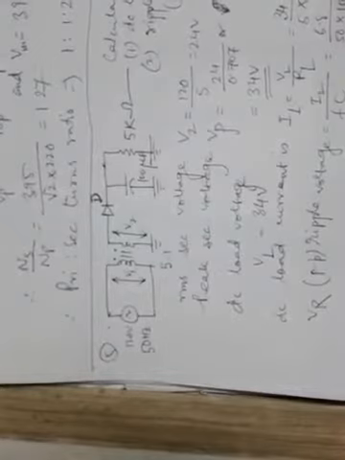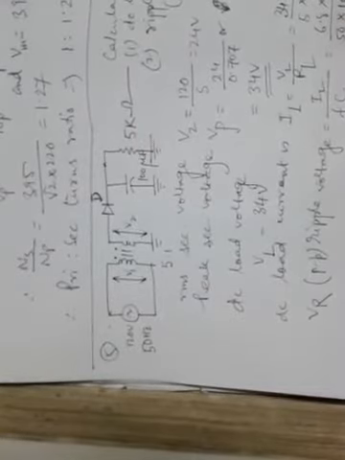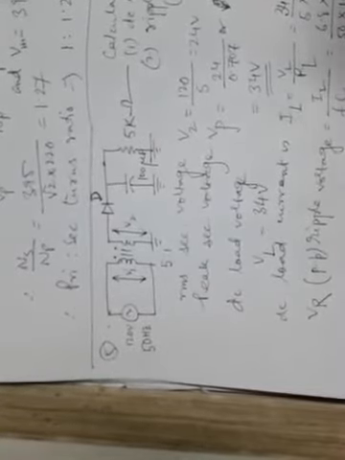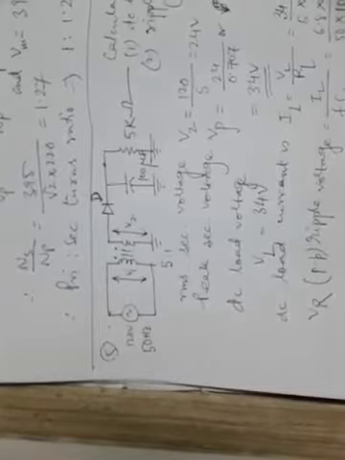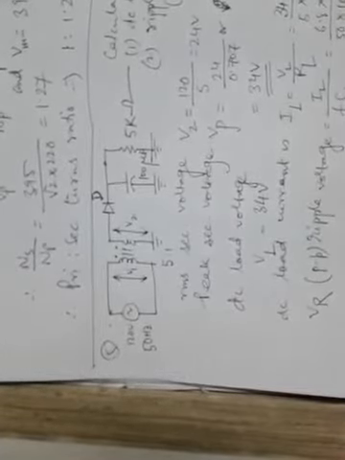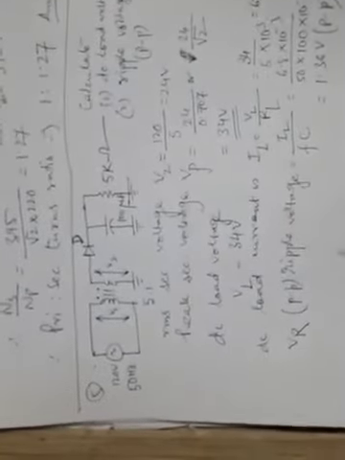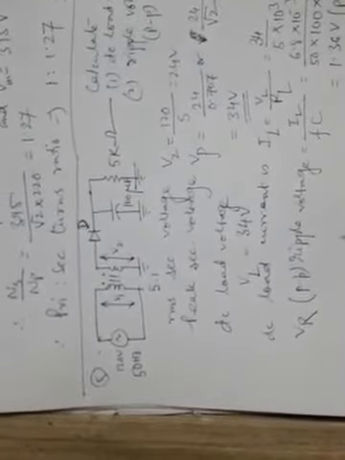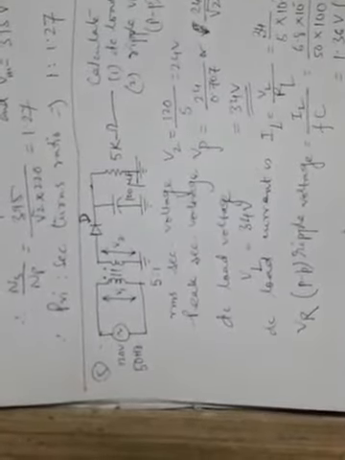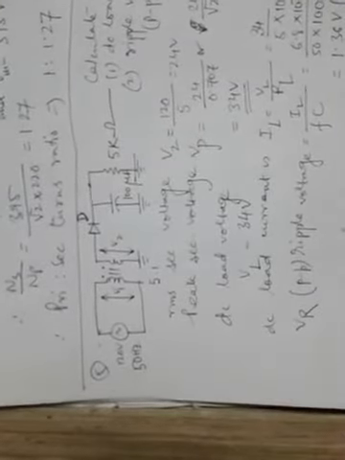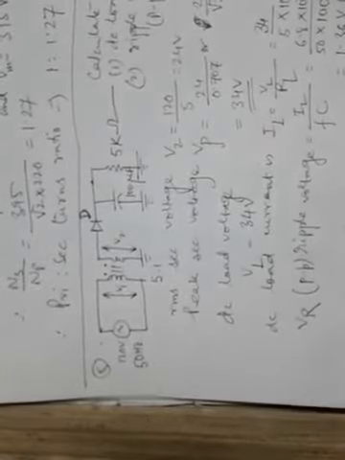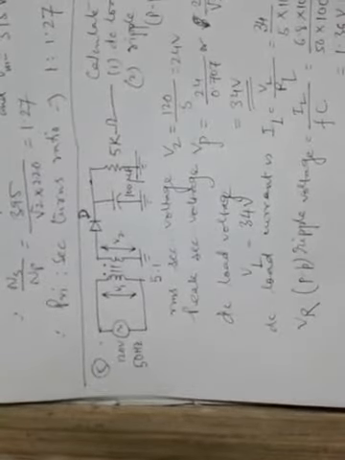So 100 into 10 to the power minus 6, and 6.8 milliampere means 10 to the power minus 3. So it will give us 1.36 volt peak to peak. So this is how we can solve the problem of a half wave rectifier along with a shunt capacitor input filter at the output of the rectifier to get a ripple free output.